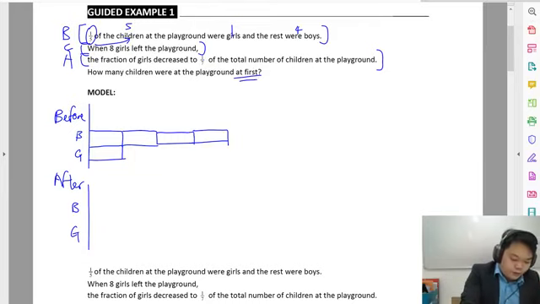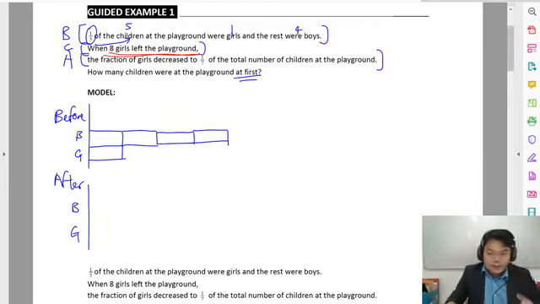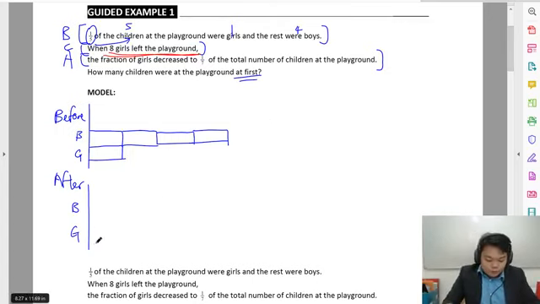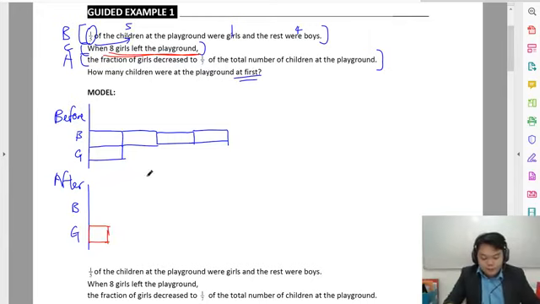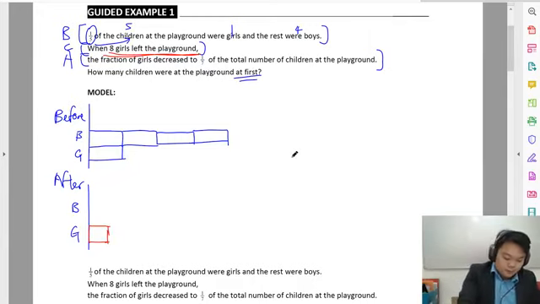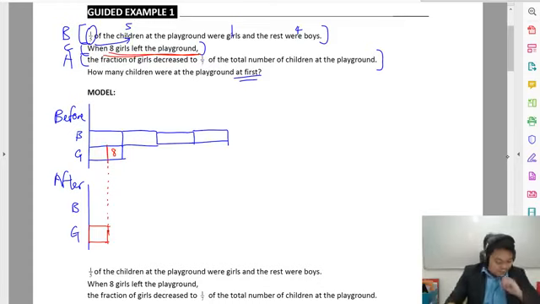So now, the change here is that 8 girls left the playground. If we are to draw out the after model over here, it must be the case that the girls bar is shorter than the one on top. And if we are to look at it in this perspective, there would be an 8 over here inside the blue box. Okay?